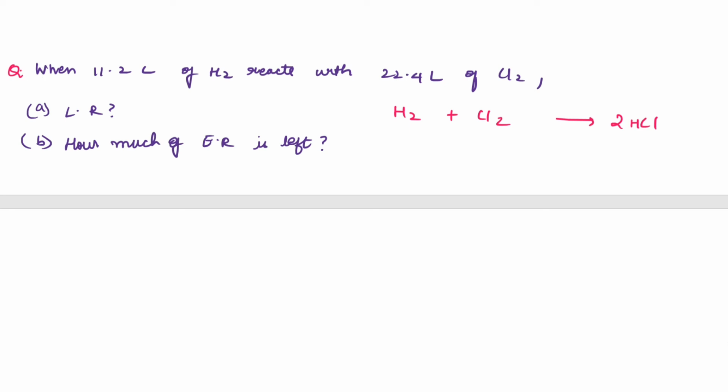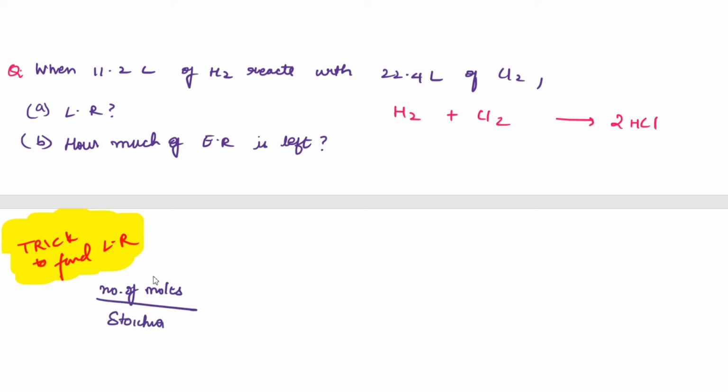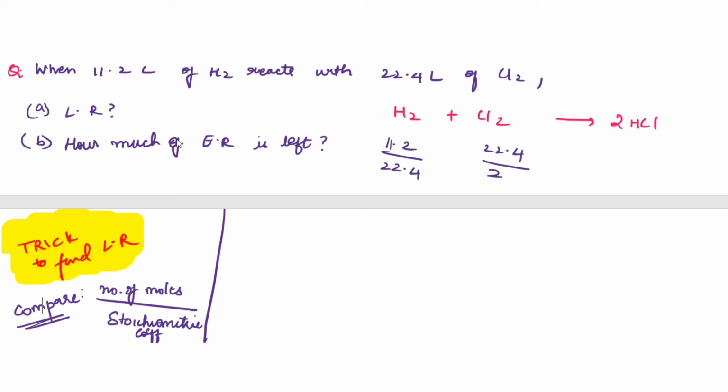Now I will tell you a trick to find out the limiting reagent within very little time. The trick is to compare this ratio, the number of moles divided by the stoichiometric coefficient. So let's apply this trick over here. They have given 11.2 liters of hydrogen. From this we can find the number of moles of hydrogen: 11.2 by 22.4 liters, given volume by 22.4 liters, by the stoichiometric coefficient of the balanced chemical reaction, which is simply 1.